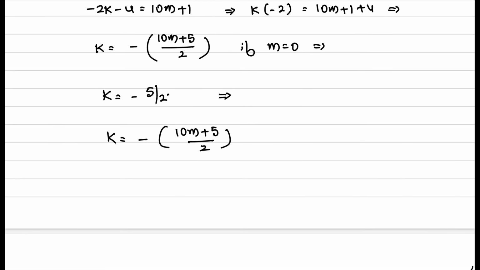This is the answer, and by varying the value of m, we will get the value of k.